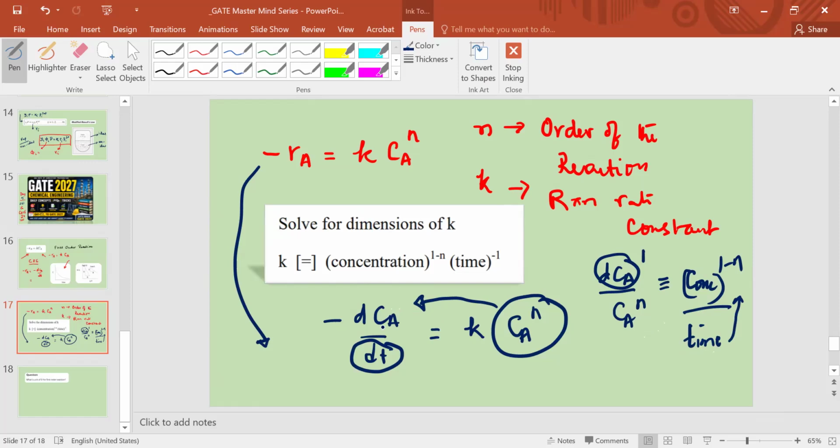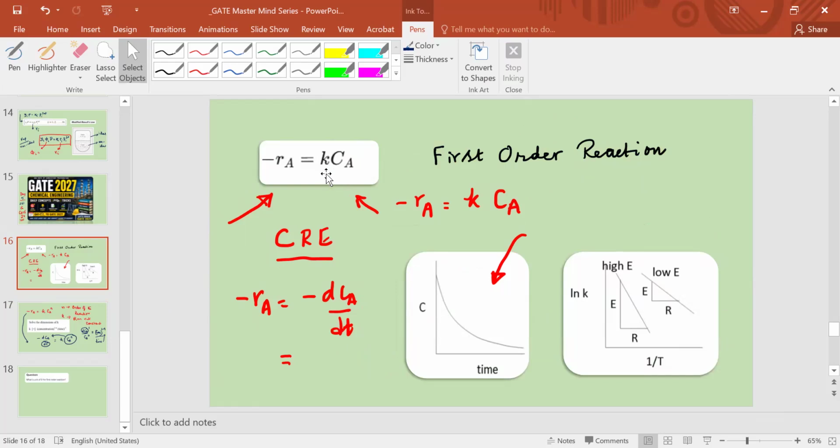So just imagine what will be the units of the rate constant in the first order reaction. For the rate constant units of a first order reaction, I should write concentration power 1 minus 1, time power minus 1.